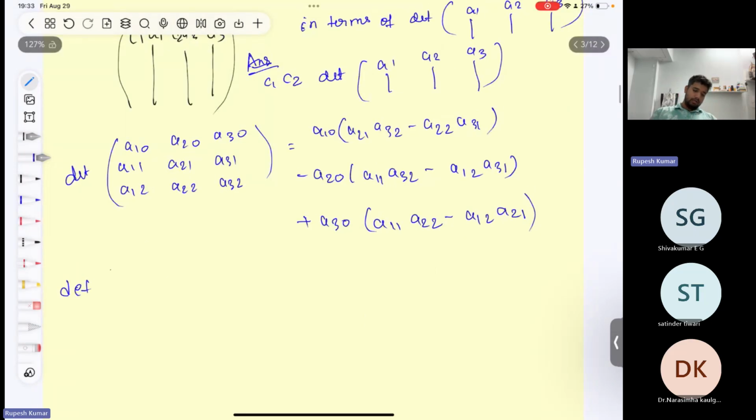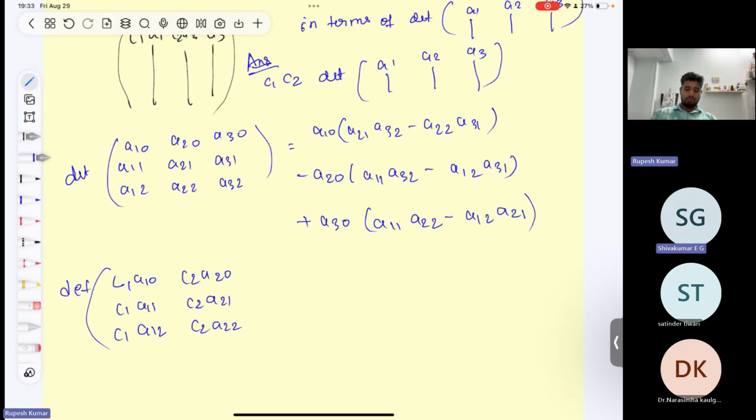What is the determinant of the matrix C1 A10, C1 A11, C1 A12, C2 A20, C2 A21, C2 A22, and A30, A31, A32?